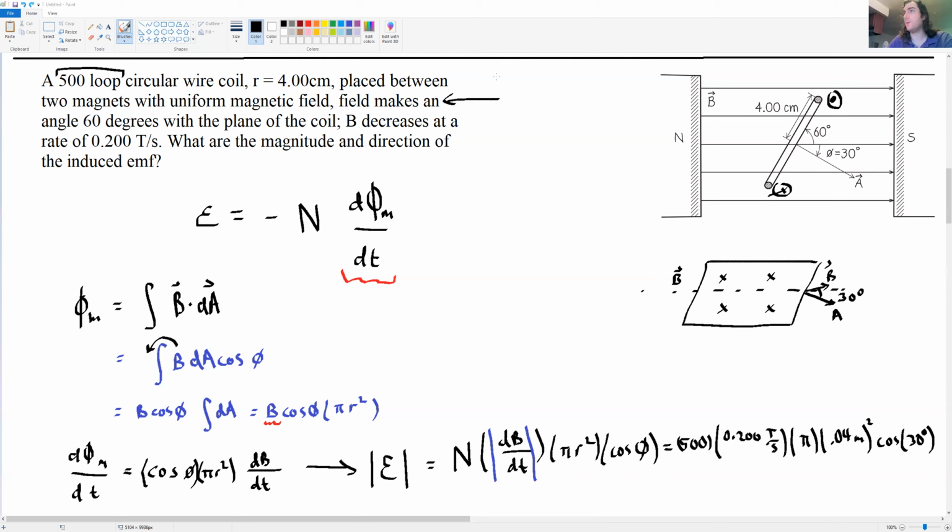Okay, and I come out with 0.435. Or maybe we can just round this up, volts. And I see some chats here. Yeah, that's what I got too. So 0.44 volts.